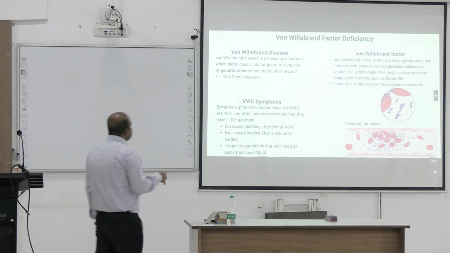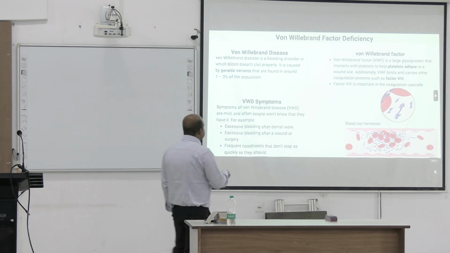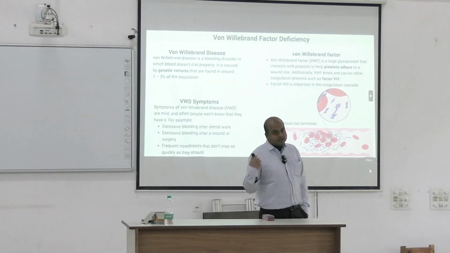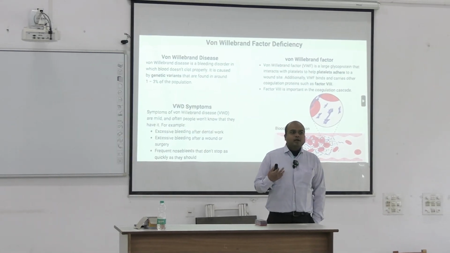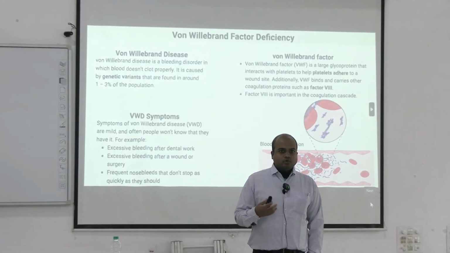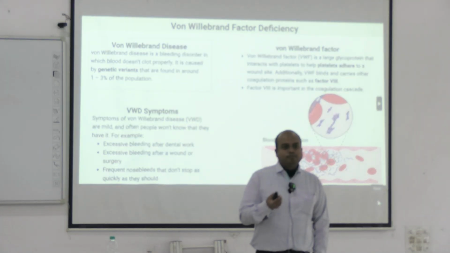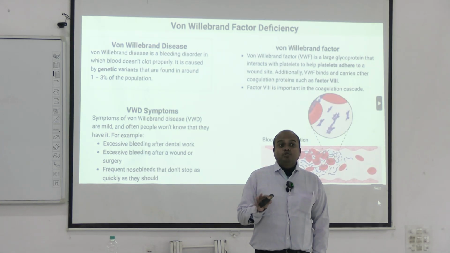So, VWF deficiency symptoms are again any type of bleeding. Someone may not know it is not established in them, and we go for a surgery, so there are increased chances of bleeding after surgery, even minor procedures like a tooth procedure. So, two basic tests to diagnose whether there is a bleeding problem.